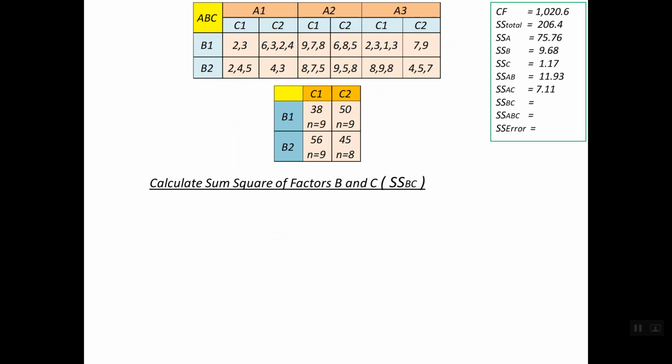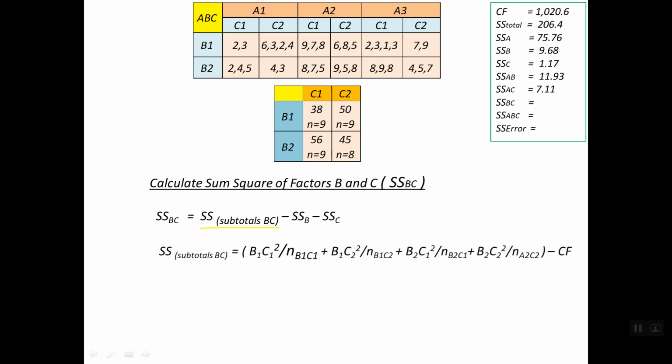The same way to calculate the SS for factors B and C, which is SSBC. To calculate the SS for BC, we need first to find the value of the SS for the subtotals between B and C. Notice we have 4 combinations between B and C because B has 2 levels and C has 2 levels.